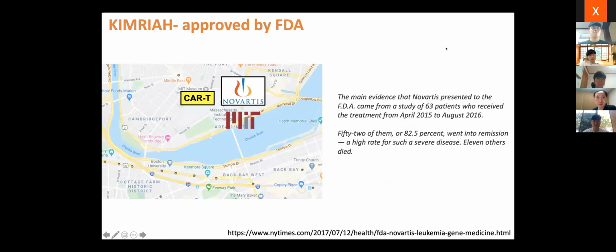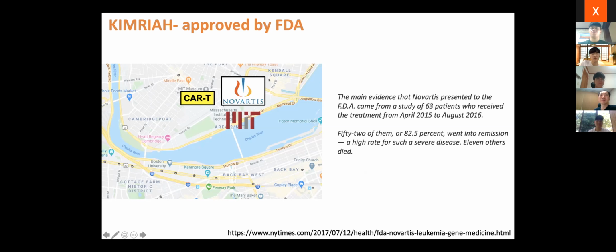And this is actually a Google map. It shows that the first company to develop this drug, after getting the idea developed by Carl June, was Novartis. Novartis is at the top of the Charles River where MIT is; they are located very close to each other.